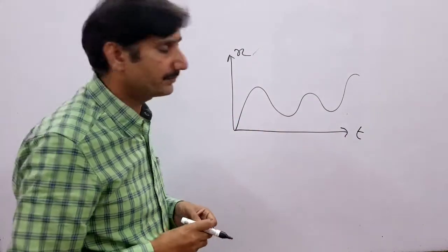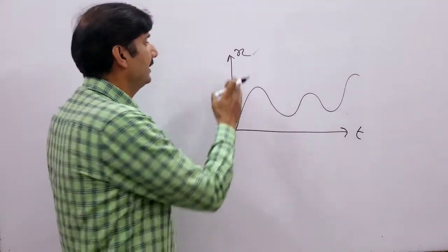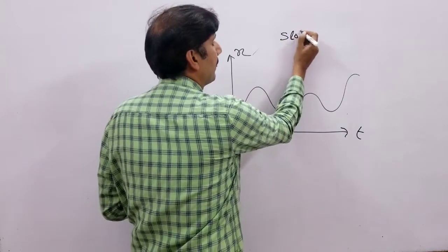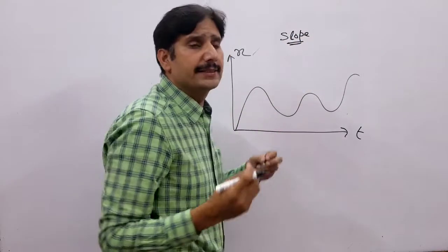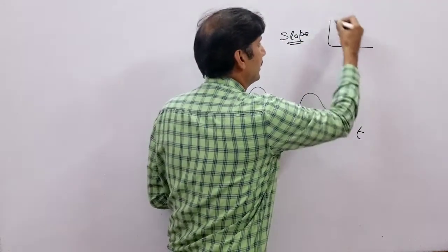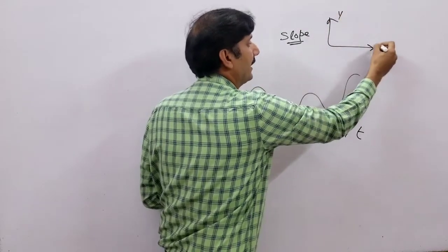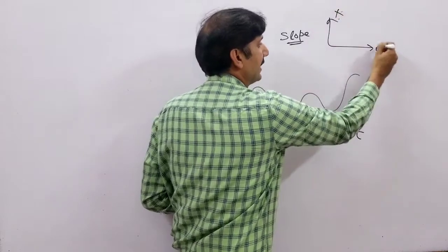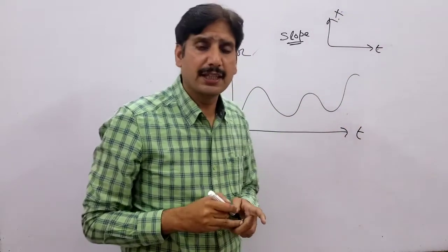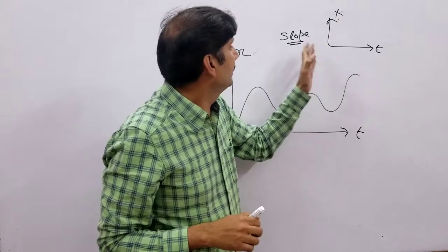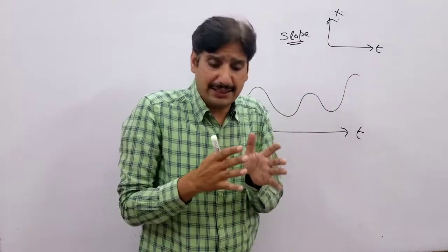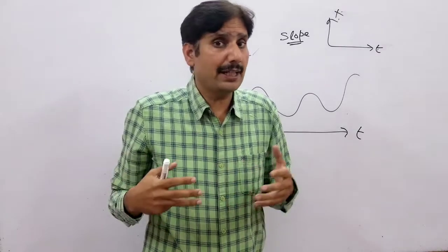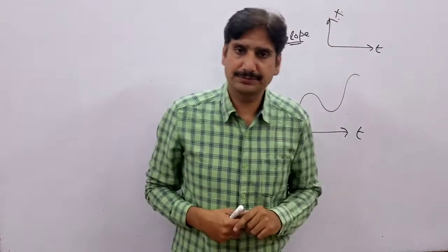Look at it. What does the slope of a curve mean? Slope means, if I am drawing a graph between y and x, or for that matter, x and t as shown in this graph, it basically tells me, as time is changing, how rapidly x is changing.